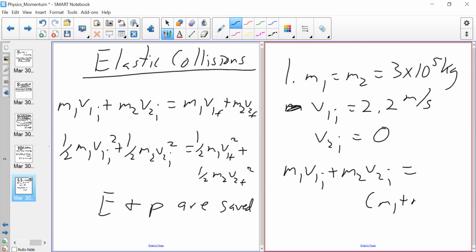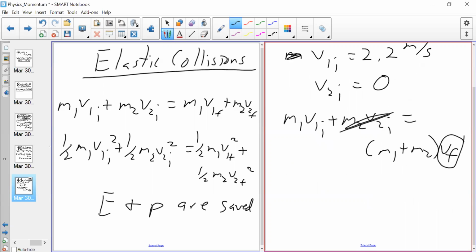So M1, M2, V final. So we're looking for that. The second object was initially not moving, so we can get rid of that because 0 times whatever is 0. So it becomes an easier problem. So this is going to be M1, V1 initial, divided by M1 plus M2, because we're solving for V final.